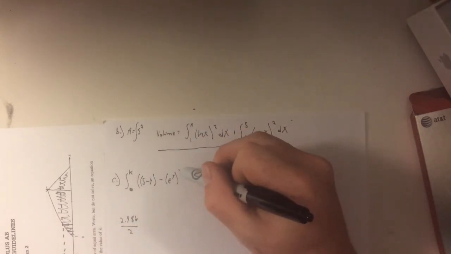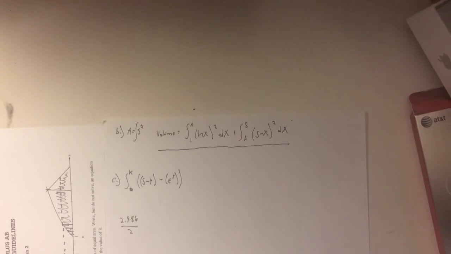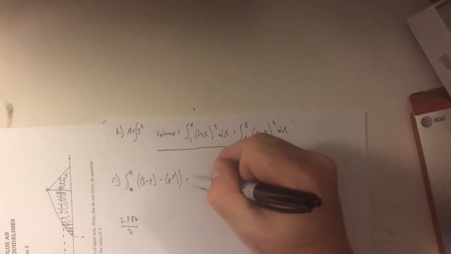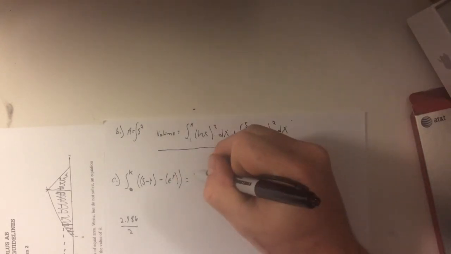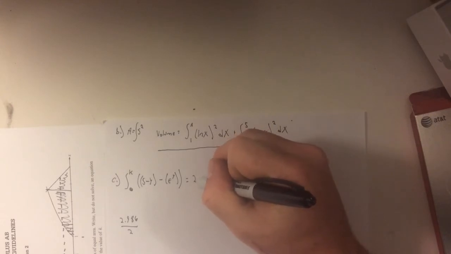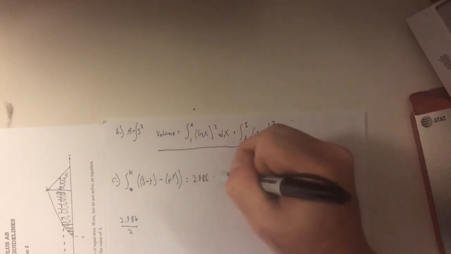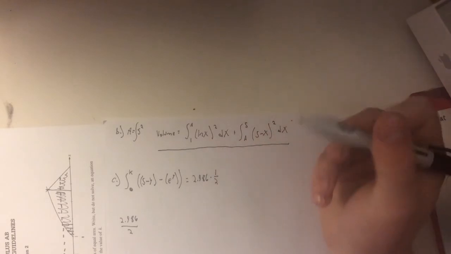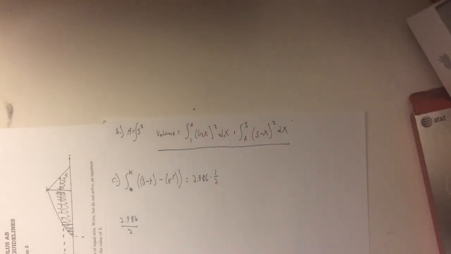It's very similar to part A. And then we're just going to set this equal to 2.986 times 1/2, because the two regions are supposed to be exactly equal to each other, and the whole region is equal to 2.986. And that is our answer, because it's just asking us to write an equation and not solve it.